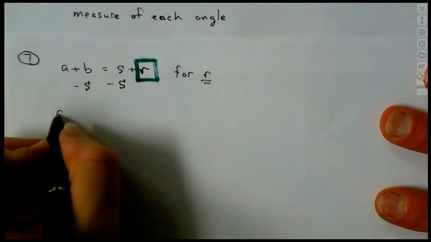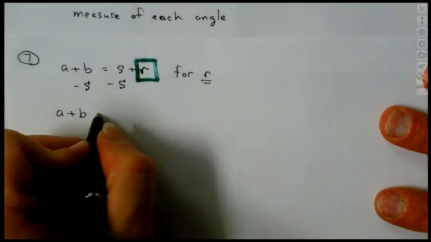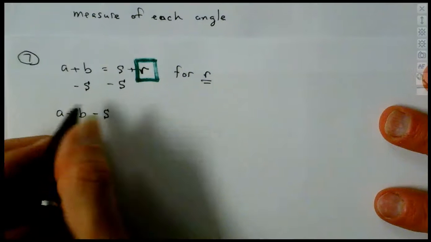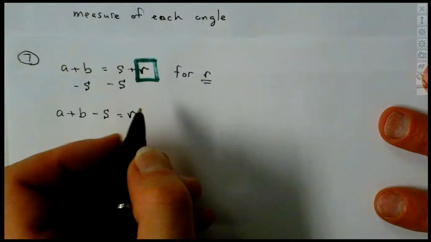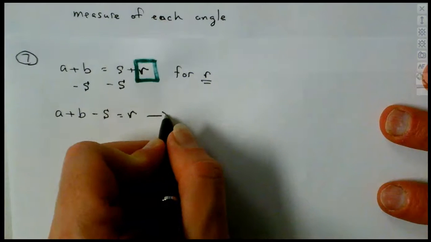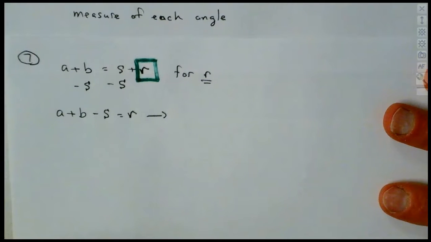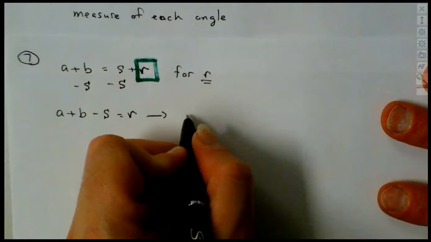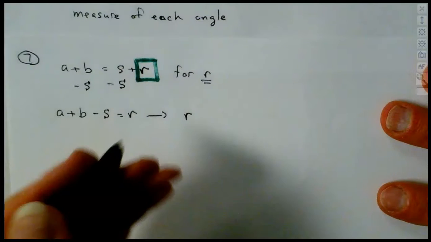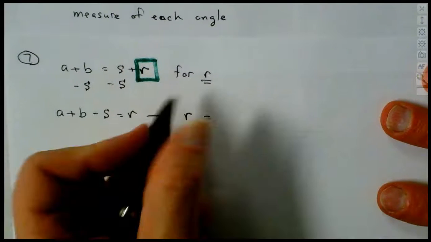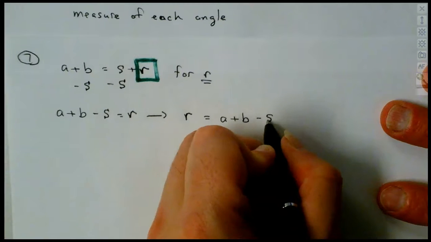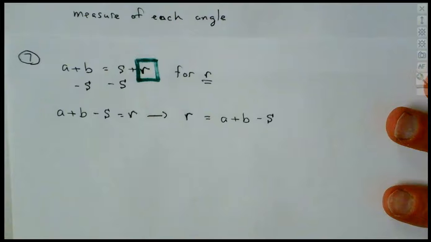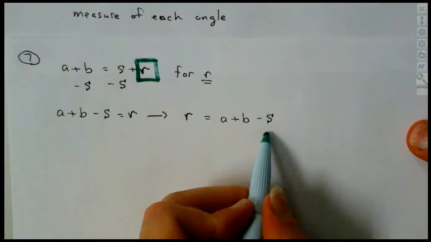Then that leaves me with a plus b minus s equals r. Now, when we solve it and write out our answer, we normally want the r on the left-hand side. So we can just flip these around, and we can rewrite this as r equals a plus b minus s. So there's going to be your final answer.